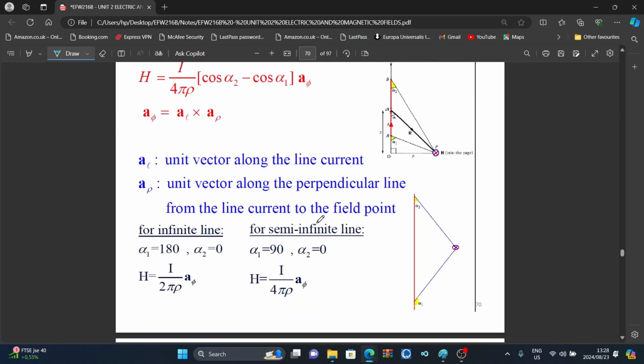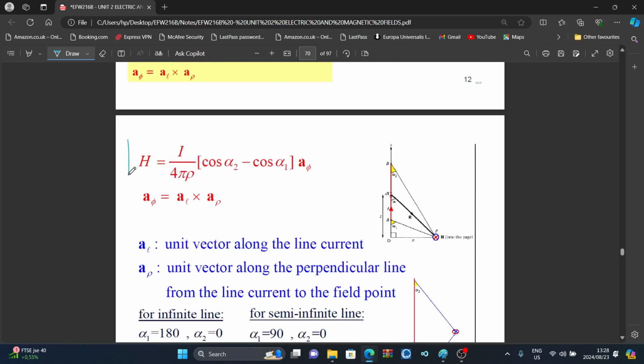We'll be using this equation to calculate our direction, H. As you can see, we already have A L and A phi.